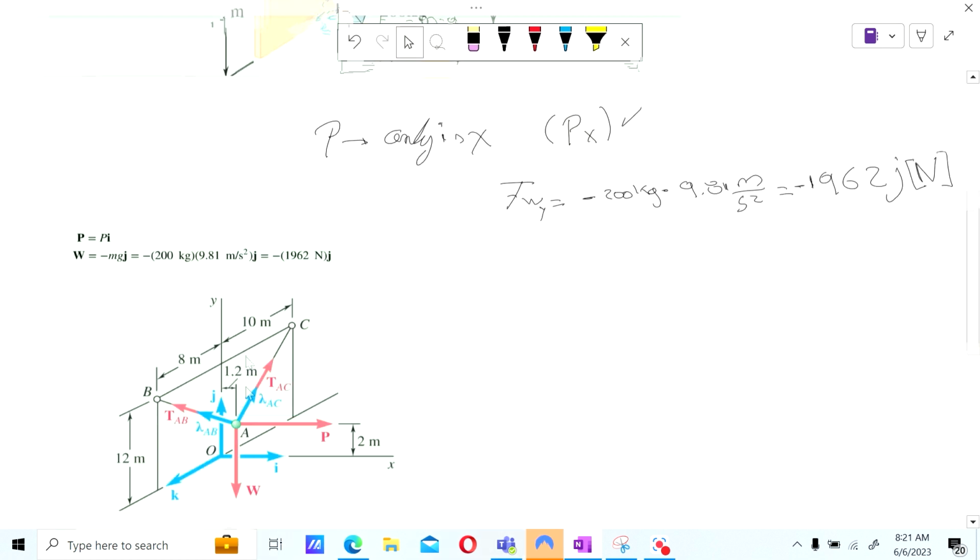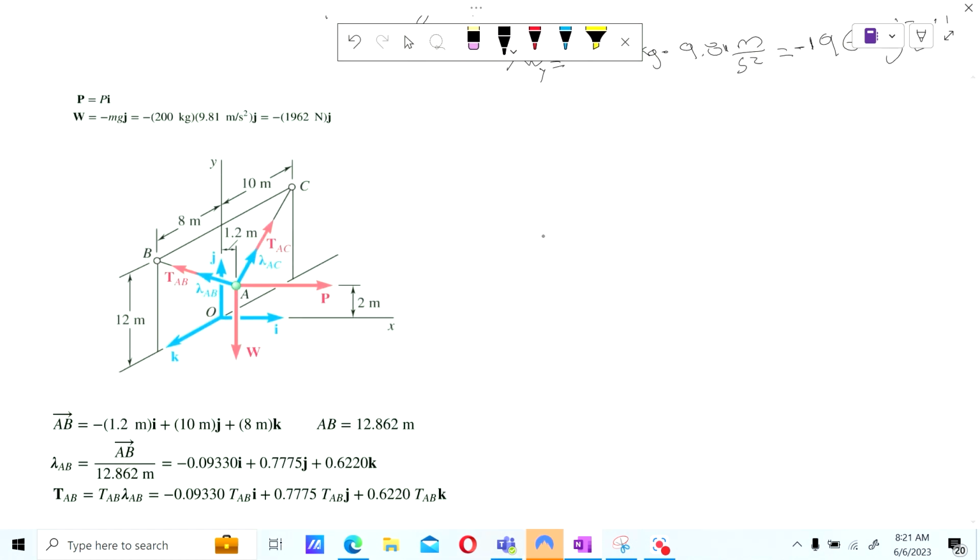All right, now we only have to find the tension in AC and the tension in AB. So this is where we get the direction of AC and AB. The direction is expressed as vector AB. Remember, you start with the head of the vector minus the tail.